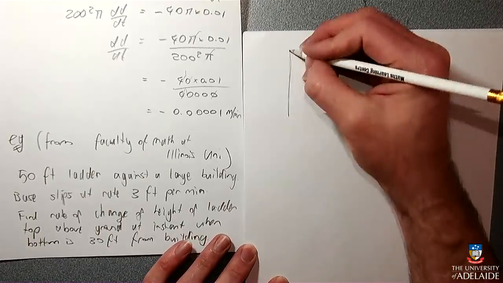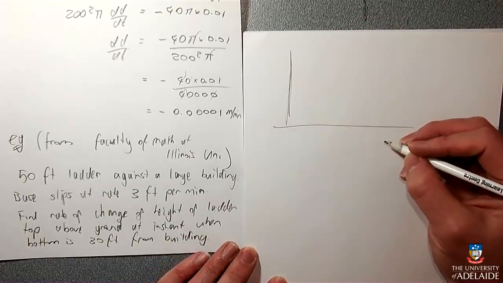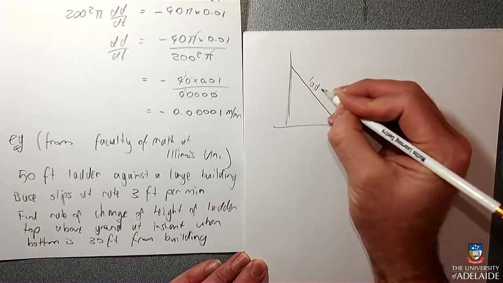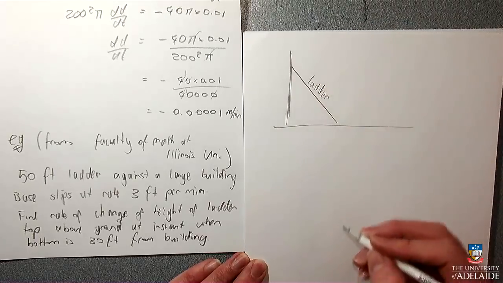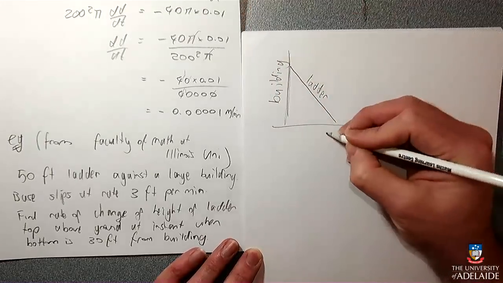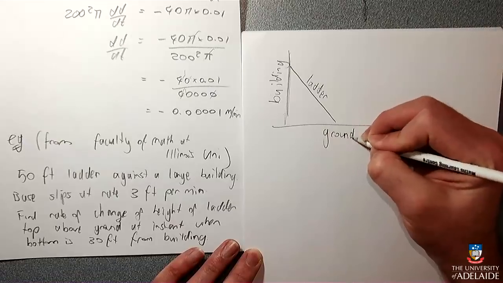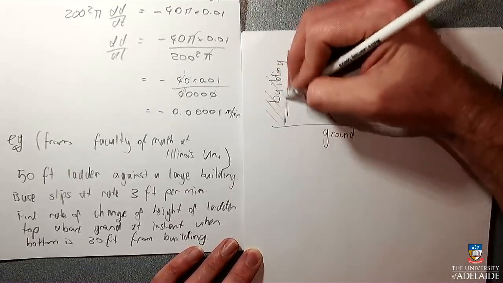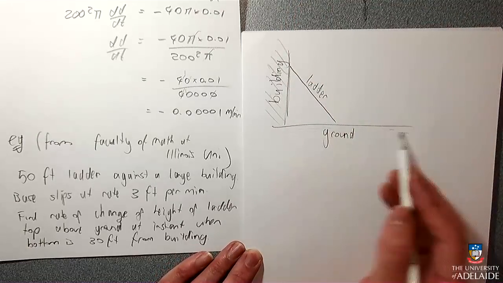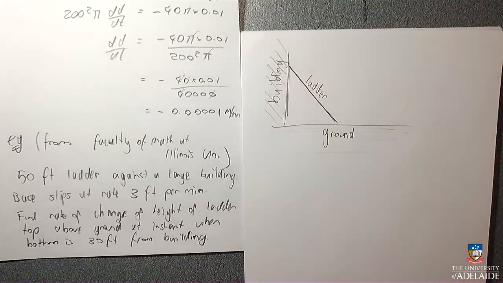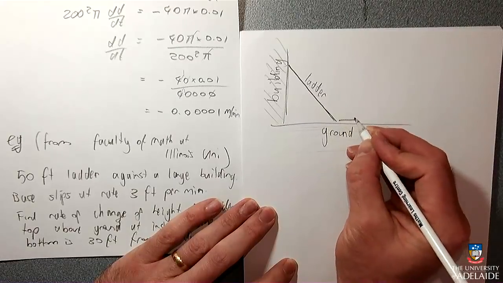Okay, so there's a building and there's a wall, there's a ground and there's a ladder. That's my building, that's the ground, and this is my ladder. And it's sliding this way.